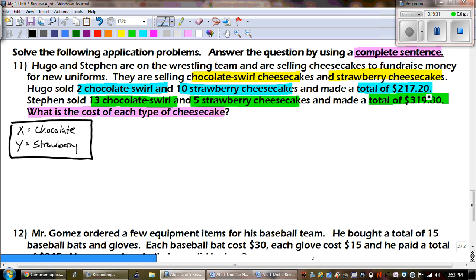So Hugo sold 2x plus 10y to make a total of $217.20. Now Stefan, he sold 13x plus 5y and made a total of $319.80.